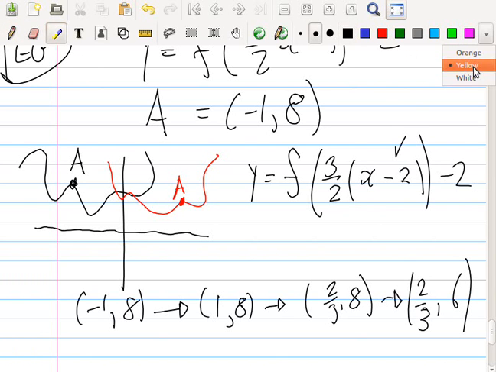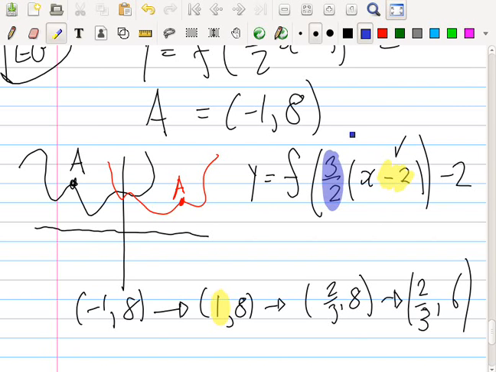What rule do I use first? This one. What does this do? Moves it to the right 2 units. Describe moving to the right in terms of how it changes the x value. If you move to the right 2 units, what happens to your x? Does it get bigger or smaller? Bigger by 2 units. So minus 1 plus 2 is 1. Now the next one is this here. What does this do?